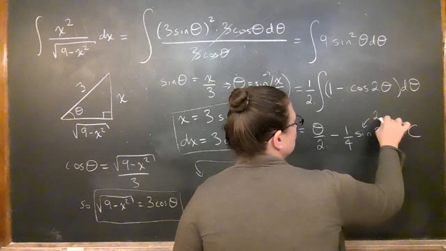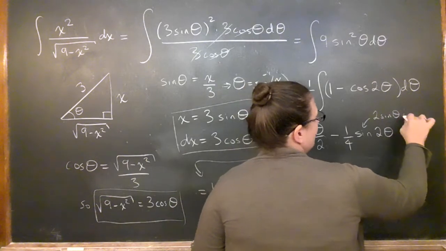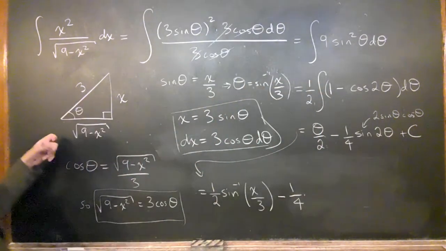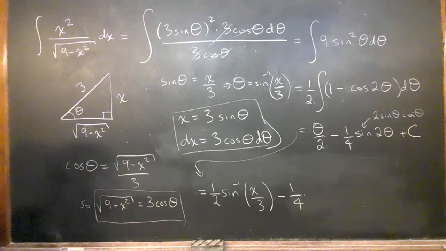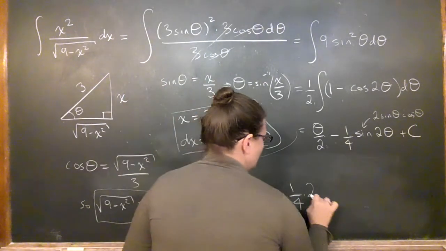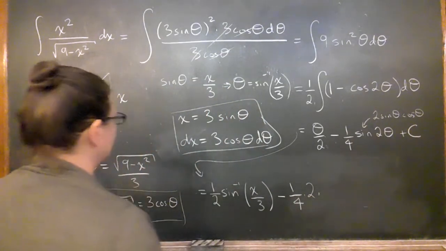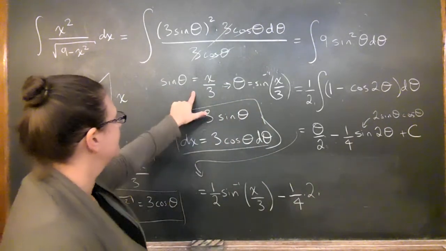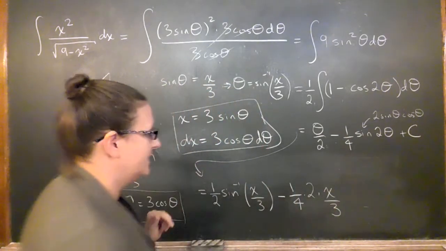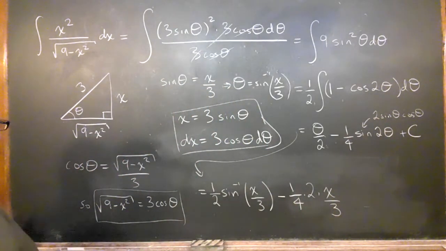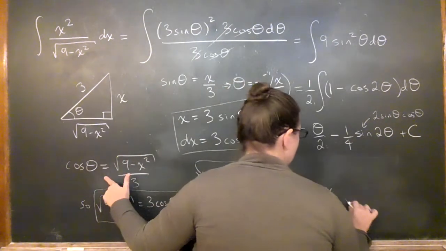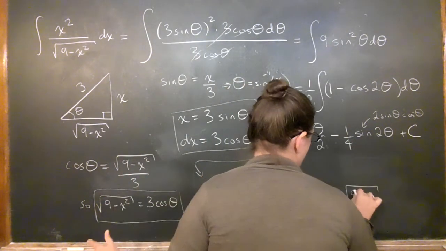Because sine theta and cosine theta I can read directly off my triangle and what x was. So sine theta was x over 3. And because I didn't erase them all, they're all on the boards here somewhere. Cosine theta was the square root here. Remember, both of those we got from the triangle.